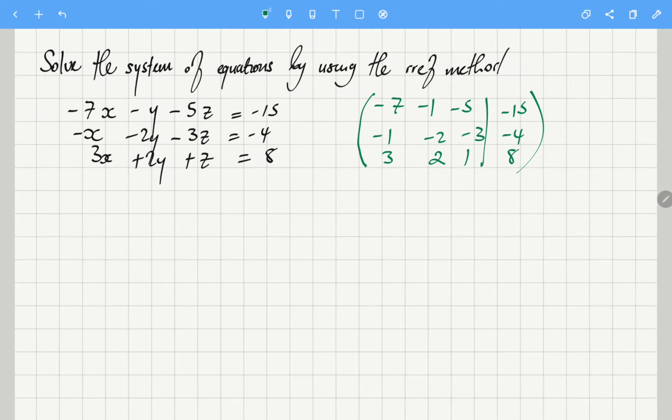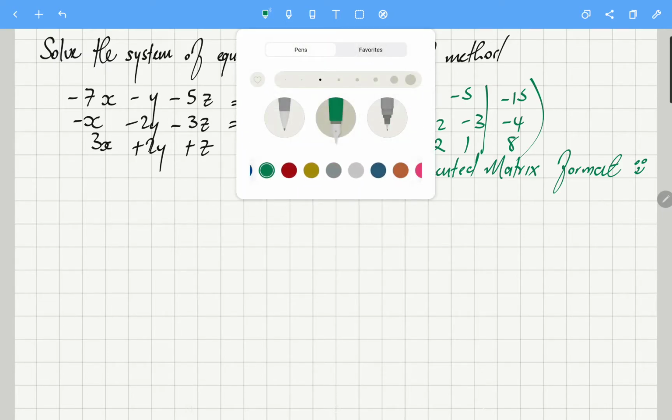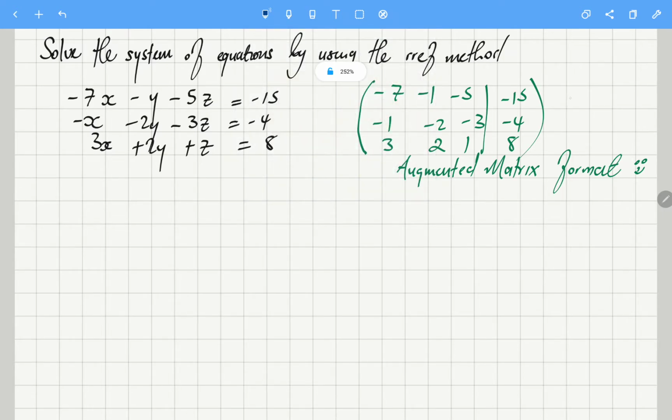Okay, so that's the augmented matrix format. What I'm going to start off doing is multiply my row 1 and my row 2 by minus 1. So row 1 times minus 1, and then row 2 times minus 1. This just gets rid of these negatives.